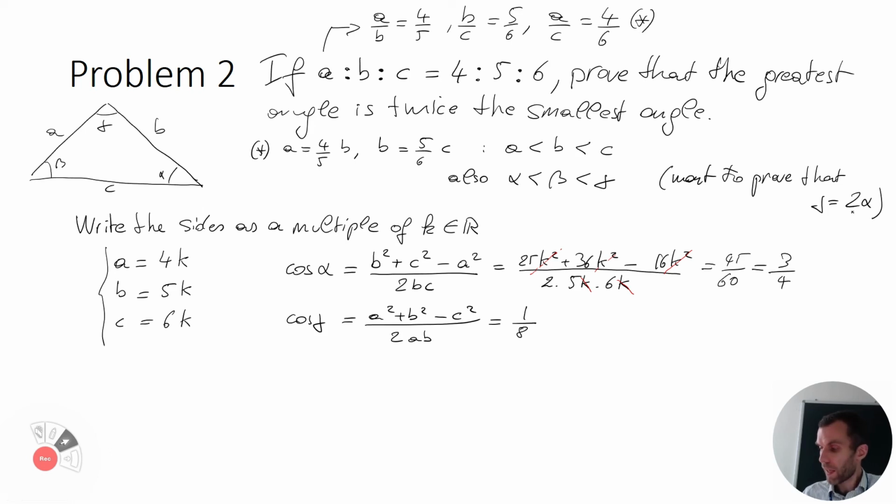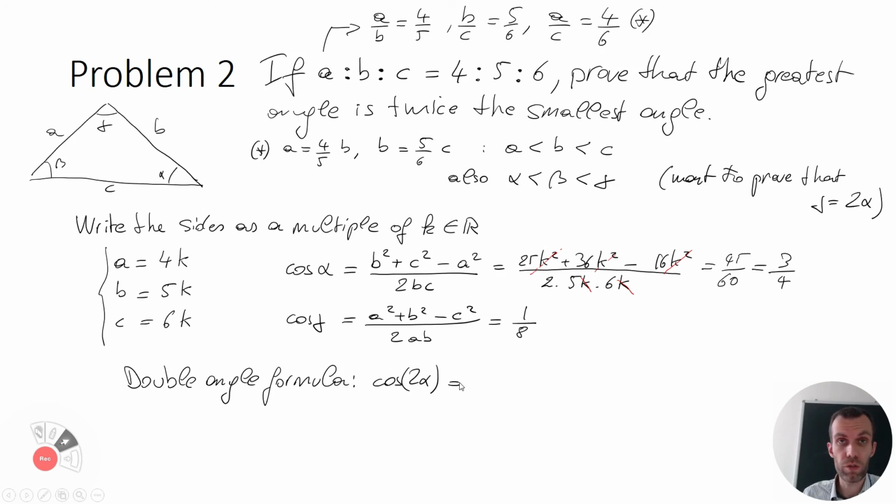There's a double angle in here, so I'm going to use my old friend, the double angle formula, which says that cosine 2 alpha, and I'm going to use the variant of the formula that has cosine of alpha in it because I know cosine of alpha, is 2 cosine squared alpha minus 1.